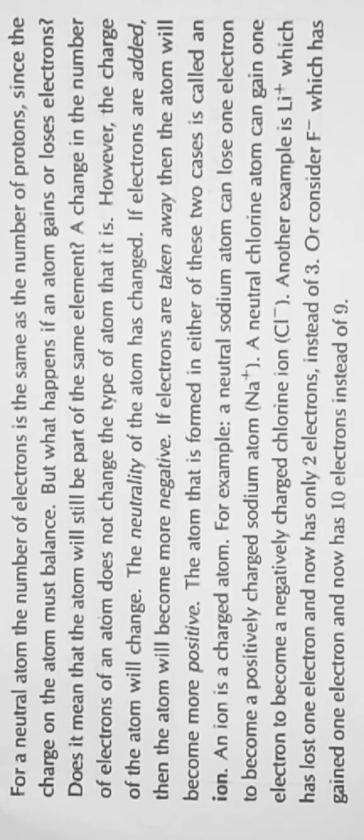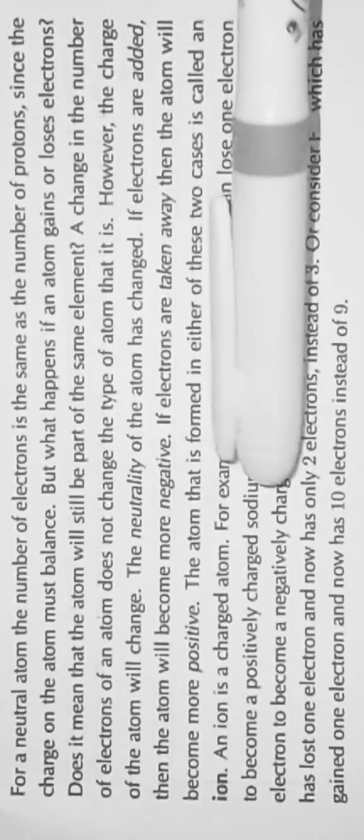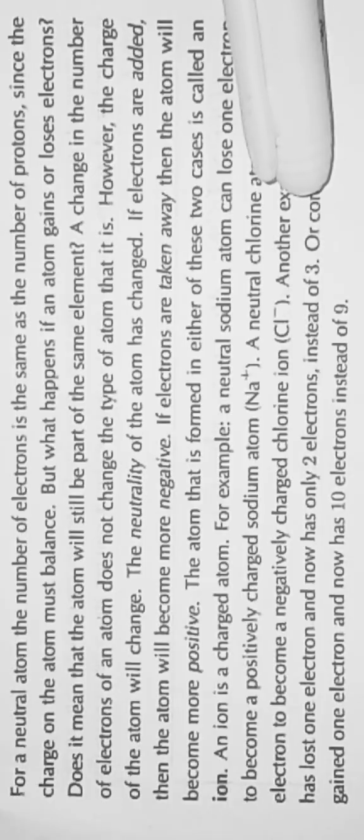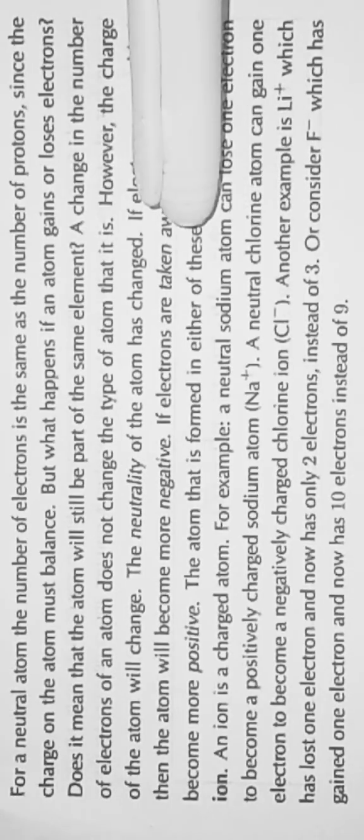Let's say a neutral chlorine atom has gained one electron to become a negatively charged ion. Another example is lithium, which has lost one electron and now has only two electrons instead of three.